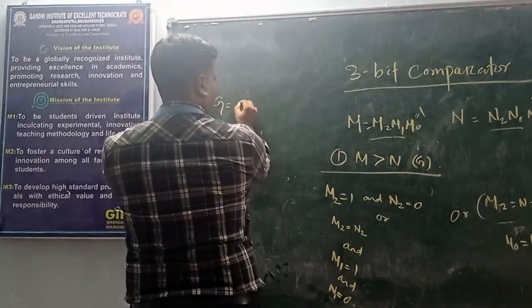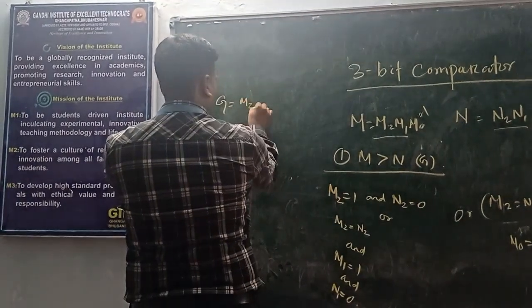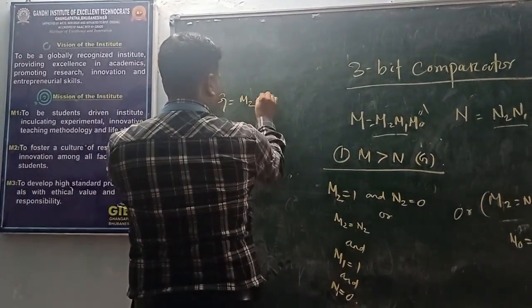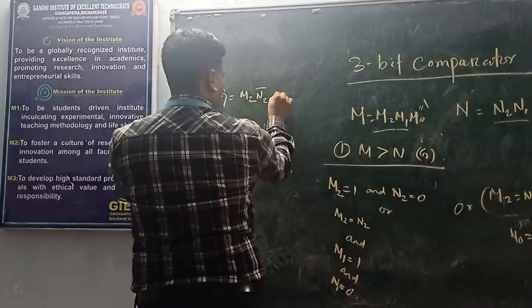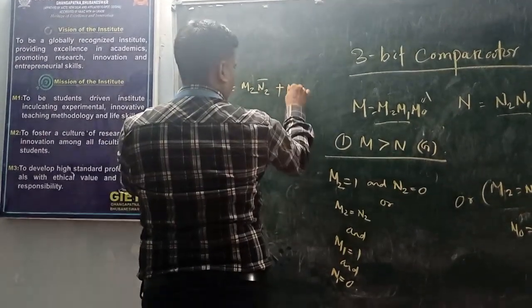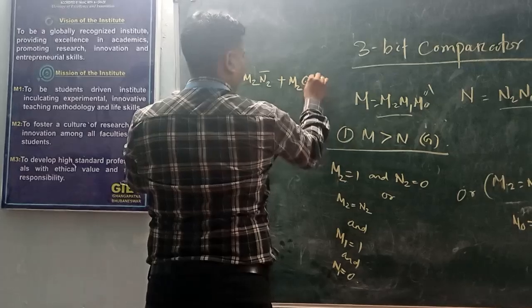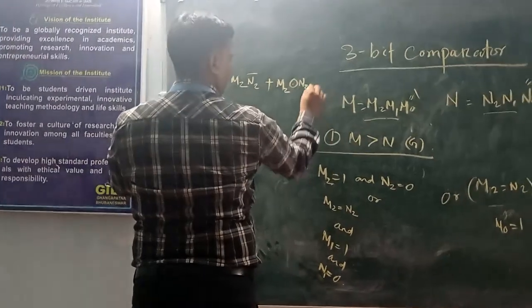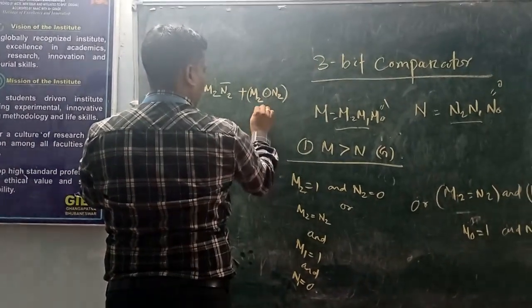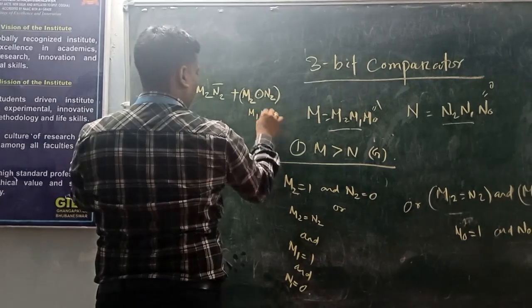First condition: M2 N2 bar, plus M2 XNOR N2 into M1 N1 bar.